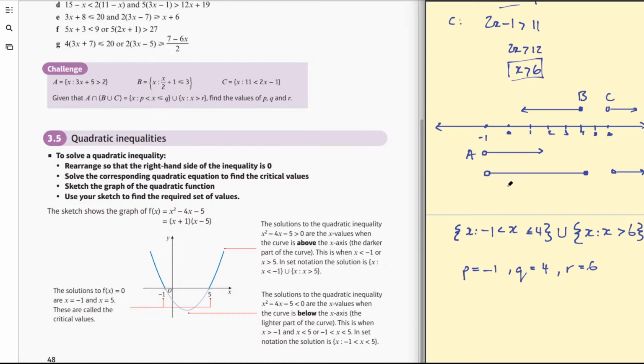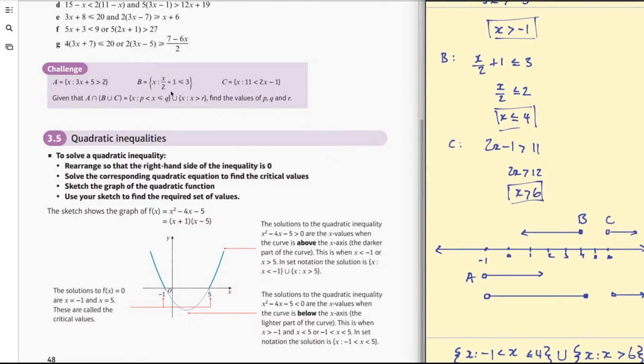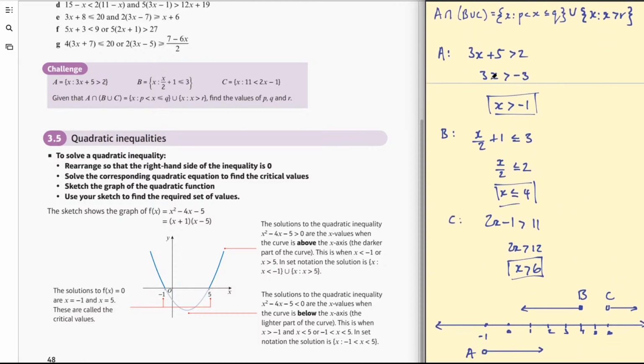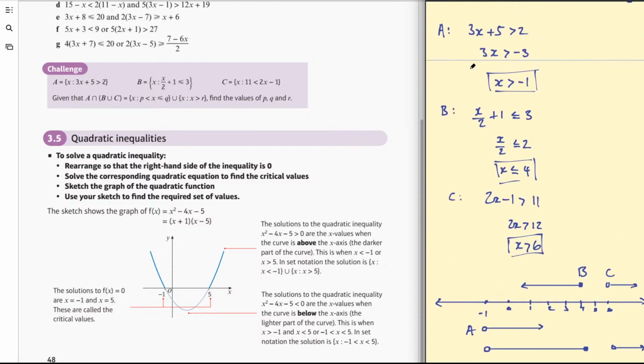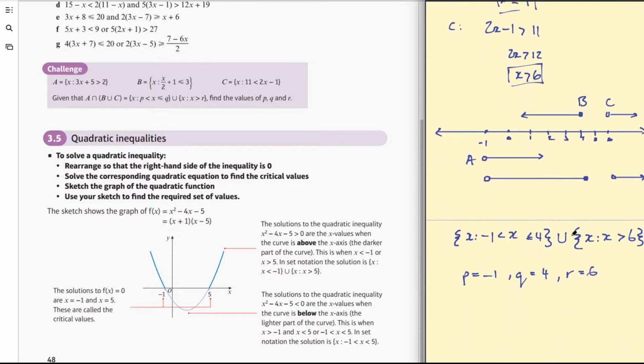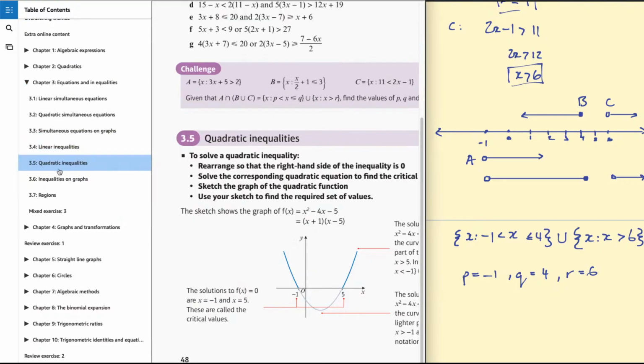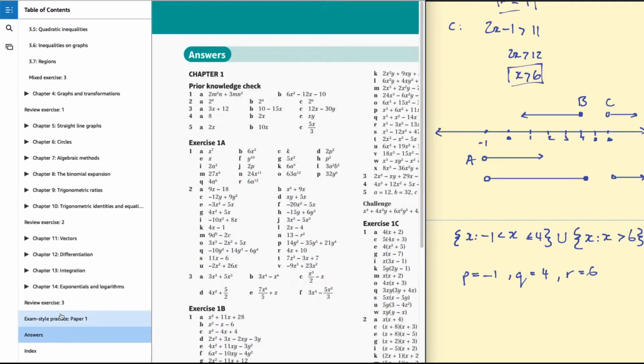Alrighty, not too bad. That question looks scary because of all of the notation being used, but actually all it's asking you to do is to find those 3 inequalities and then write the set notation that satisfies the 3 inequalities and then find the values of P, Q, and R. Let's go ahead and check that we got the right one.